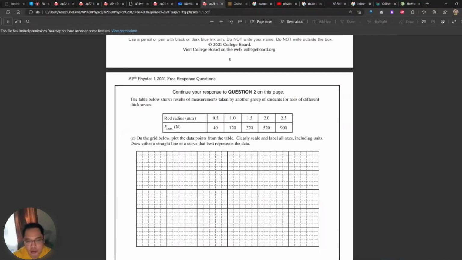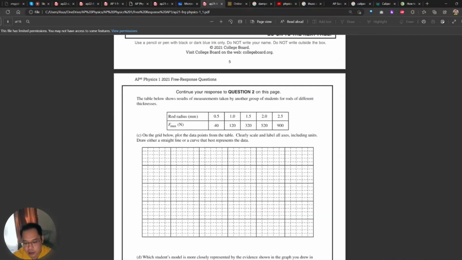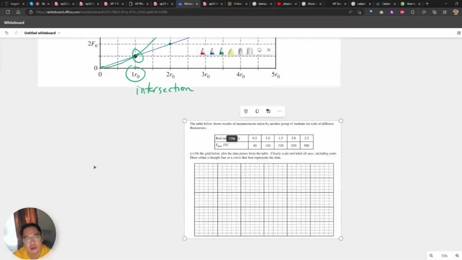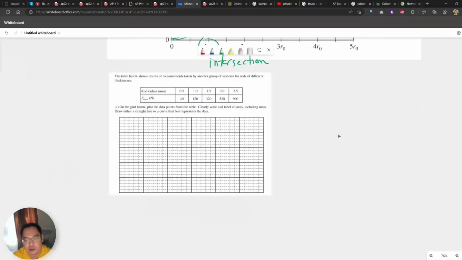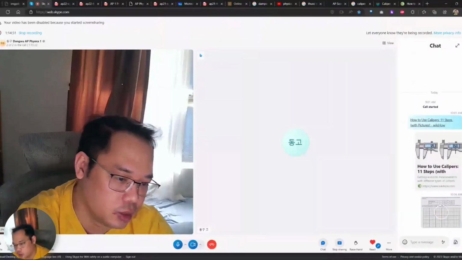The table below shows the results of measurements taken by another group of students for rods of different thicknesses. On the grid, plot the data points, label the axes, and draw either a straight line or curve to best represent the data. You see, the most difficult part is describing the procedure. Other parts are simple, like this one. I believe you can do it yourself.